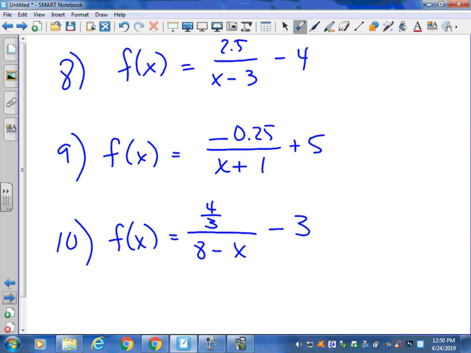Alright, so here are your 3 examples to try.